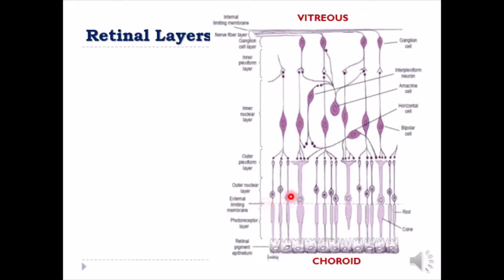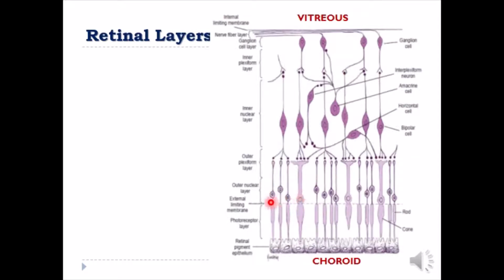The photoreceptor cell has an outer segment and an inner segment. We will be learning about photoreceptor cells in detail, so at that time we will understand. So the photoreceptor cell has an outer segment and an inner segment.